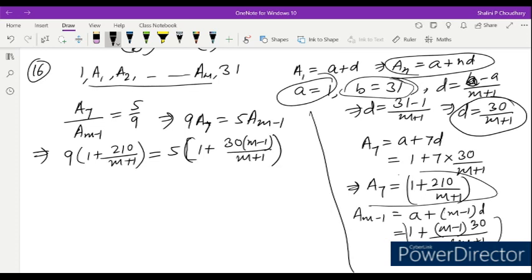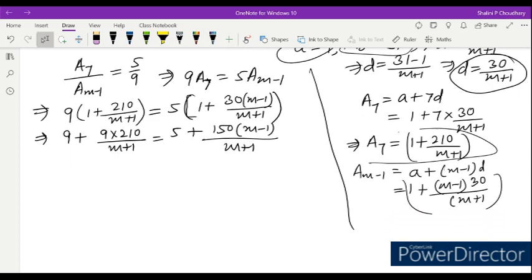Okay. Now we'll multiply. So it will be 9 plus 9 into 210 upon m plus 1, and that will be equal to 5 plus 5 into 30, that is 150 into (m minus 1) upon m plus 1.